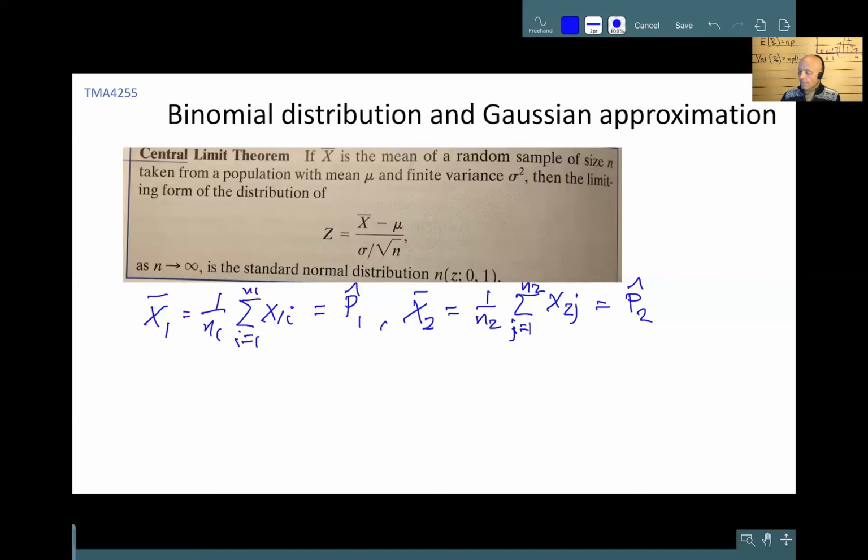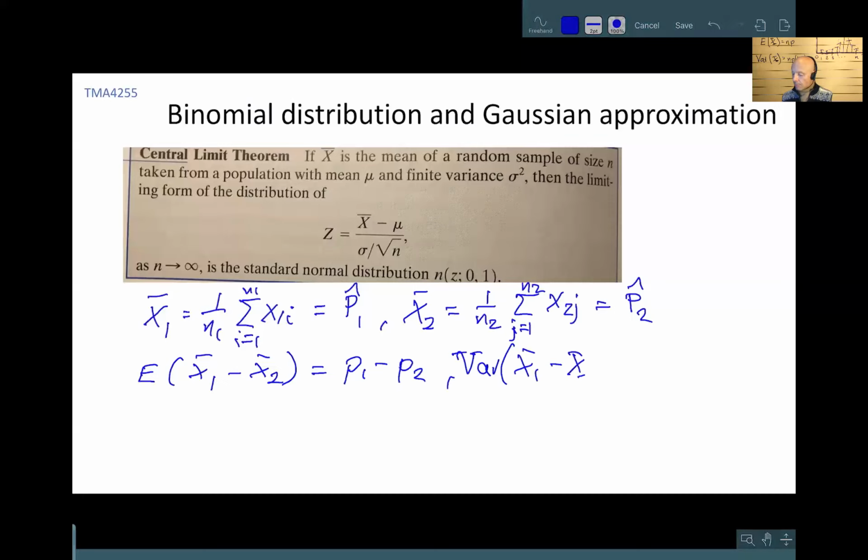Okay, we still need mu. So what is our mu here? Well, we can compute the expected value of x bar 1 minus x bar 2, and they are unbiased. So this will converge because each indicator variable has the expectation P1 or P2. So this will be P1 minus P2. And the variance, what do we have here? The variance of x bar 1 minus x bar 2.